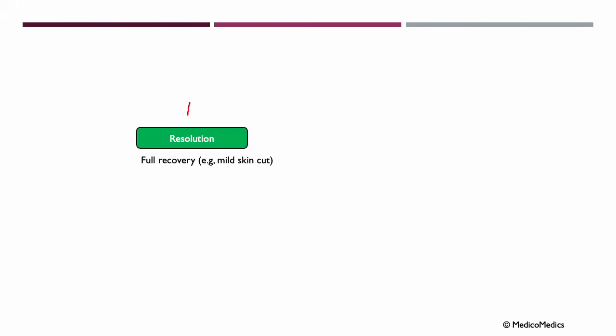Now, let's start with the best one, which is resolution. Resolution occurs when the inciting agent is cleared, right? The cause of the inflammation is cleared and the tissue is capable of regeneration. For example, here we could mention a superficial skin cut that is promptly cleaned and uninfected and can heal entirely without any residual damage.